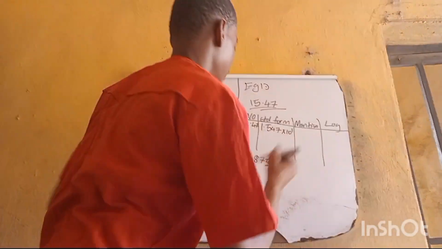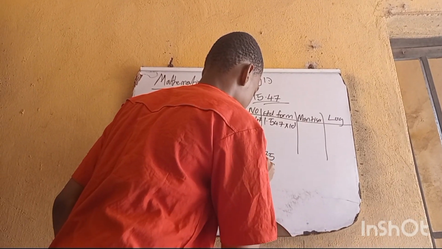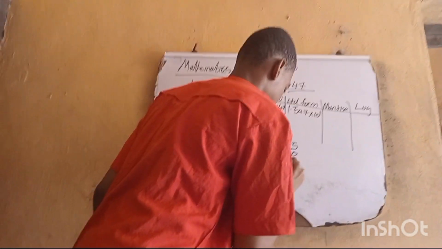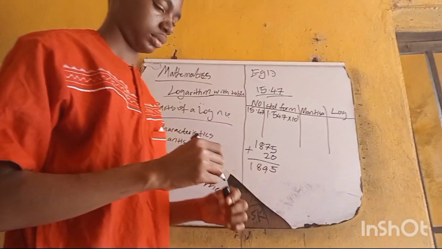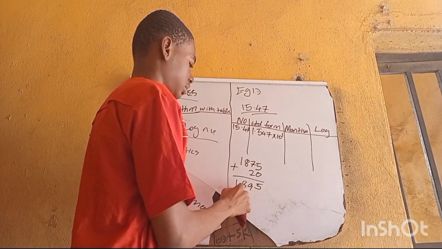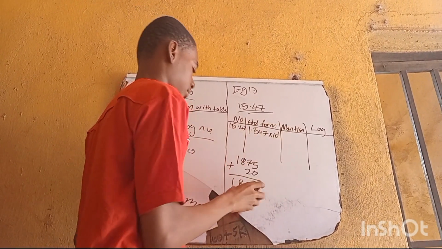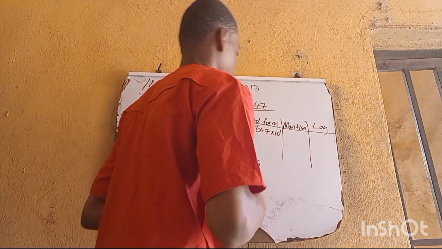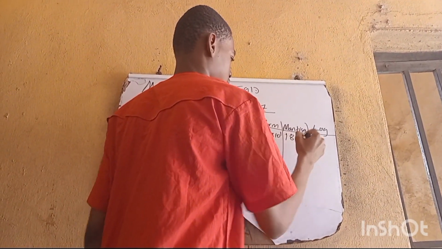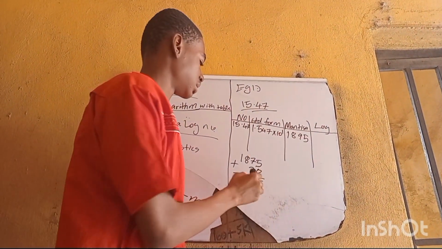You are going to add your 20 here, plus 20. Here is 5, here is 9, 15 and 1. This is the mantissa of this number.